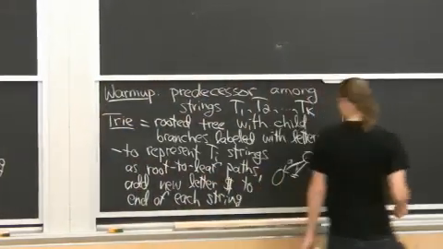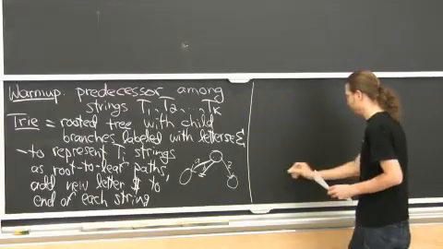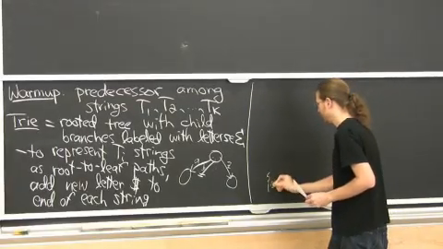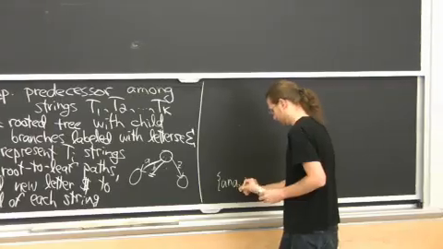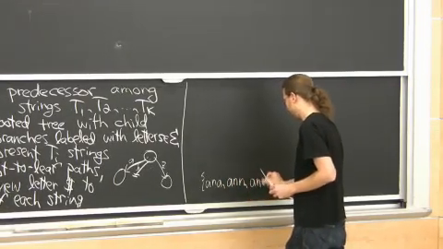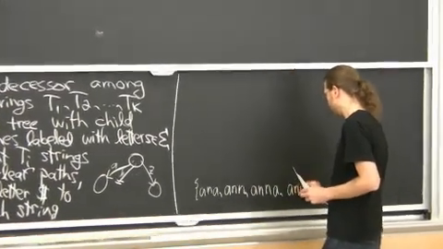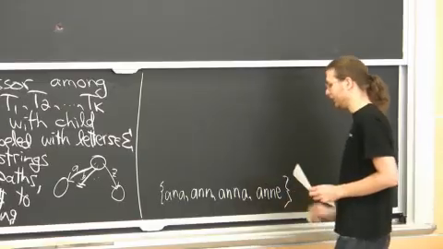Okay, so I have an example. We're going to do four strings, which are various spellings of Anna and Anne.